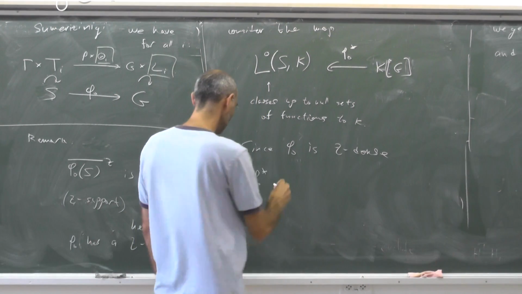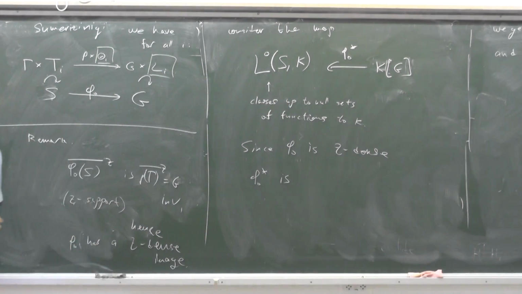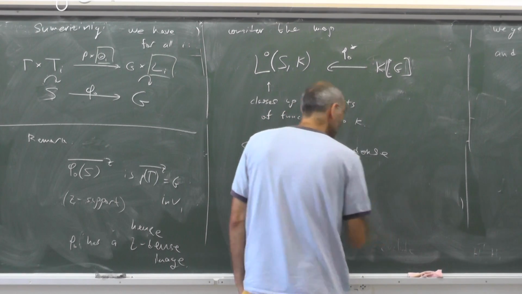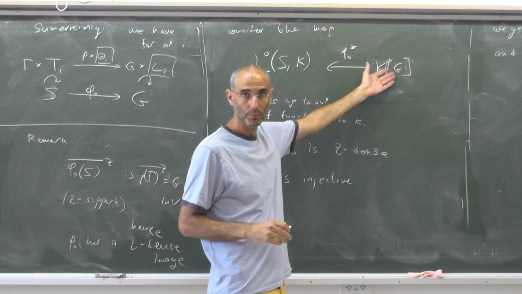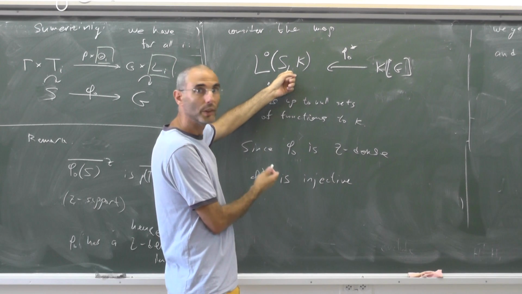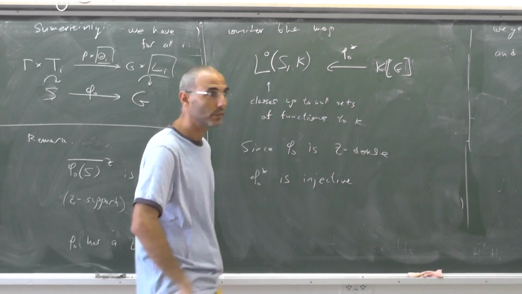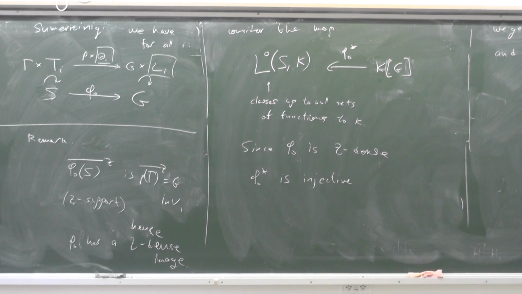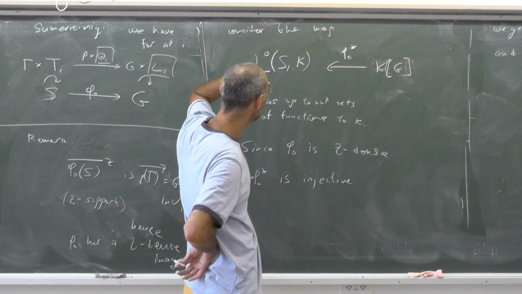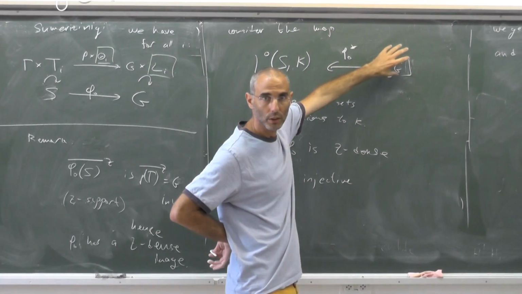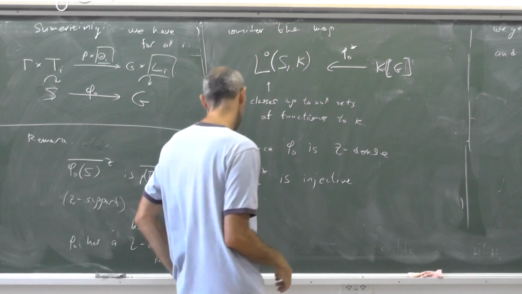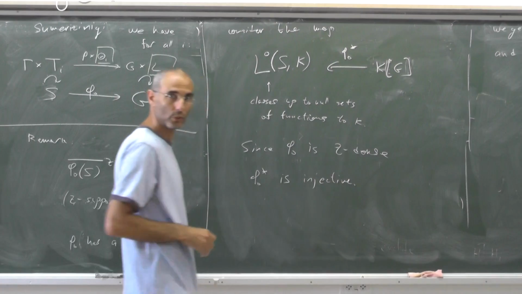It is injective. I'm looking at the space of polynomials, right? If I have a non-zero polynomial, it will give me a map here, but it will not be zero almost everywhere, because this would mean that the non-zero set of this polynomial is of null measure. So this is an injection between these two spaces.